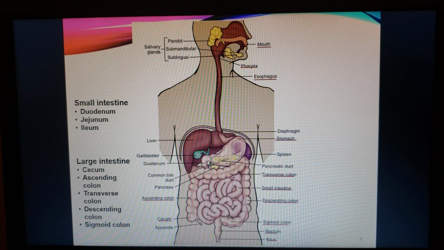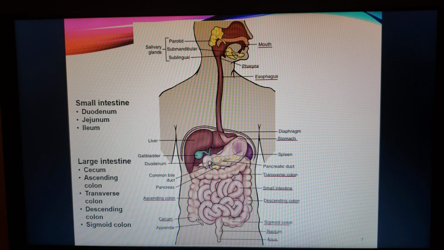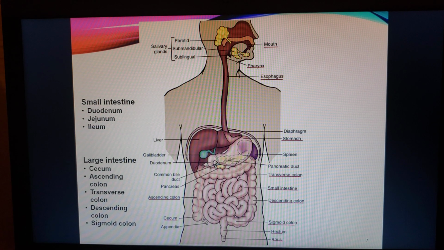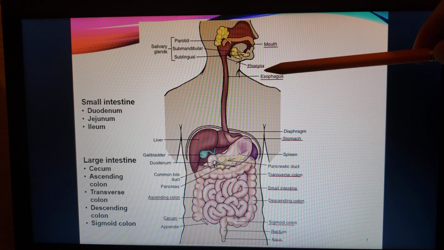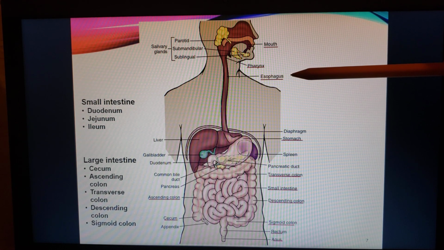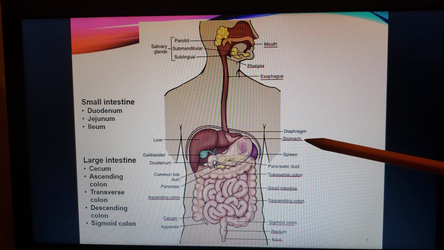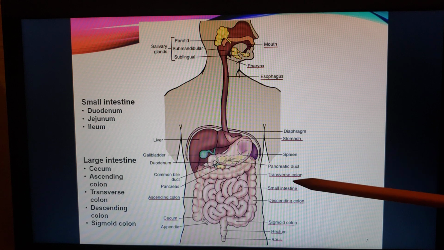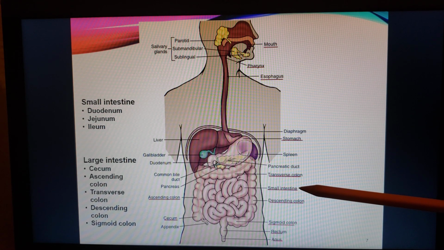So in our diagram here, we see the mouth, the pharynx, the esophagus, move down to the stomach, and then we have the small intestine.